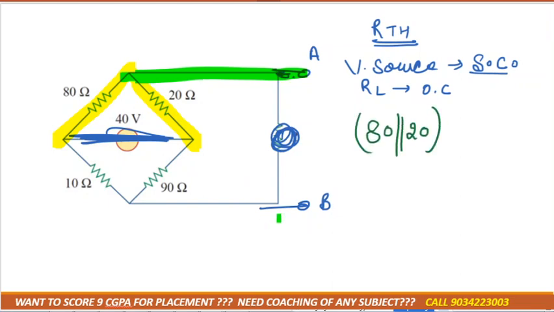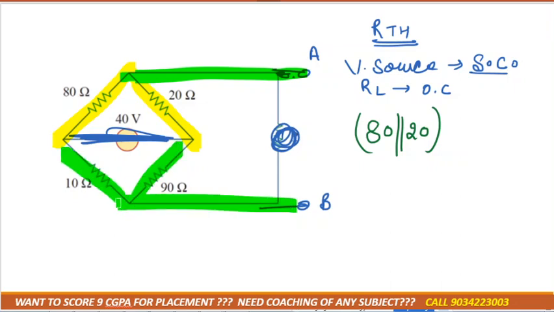Correct? If you'll move across B, then 10 and 90, they are at the same path or at the different path? Different path, right? So again they are 10 and 90 in parallel, right?